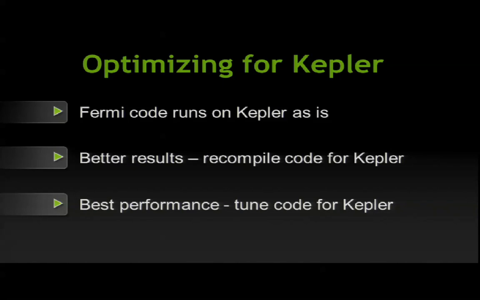And given that there are now some small changes on the surface, but actually fundamental differences, like the warp shuffle instruction, that's something that you as a programmer have to take advantage of. So it might make sense to go back to the kernels that you really care about the performance of, and tune them for Kepler. But again, that's not something that you want to do for every single kernel. It's for the ones that you really care about.